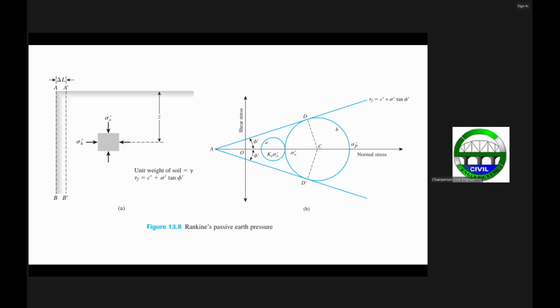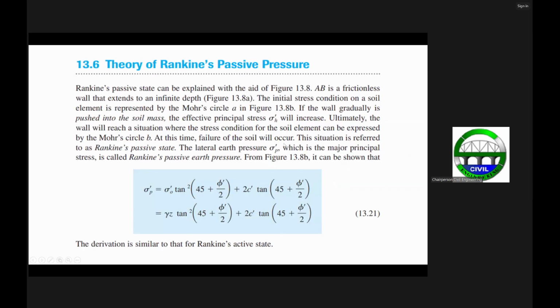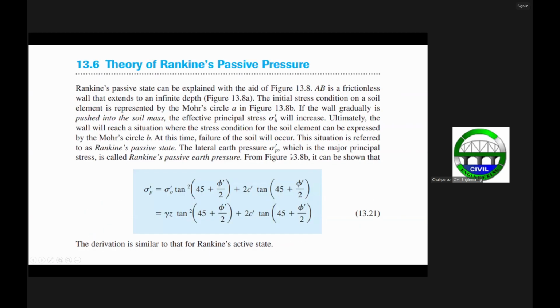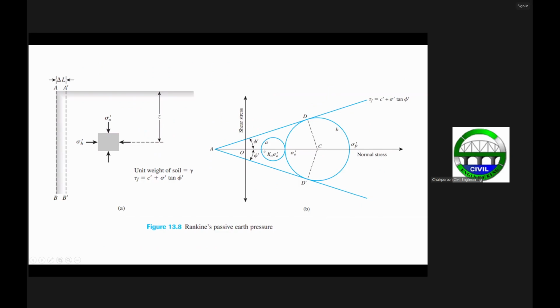Unlike in the active state, wherein the horizontal earth pressure will decrease, here in the passive earth pressure the horizontal earth pressure will increase to a certain passive earth pressure at this point.